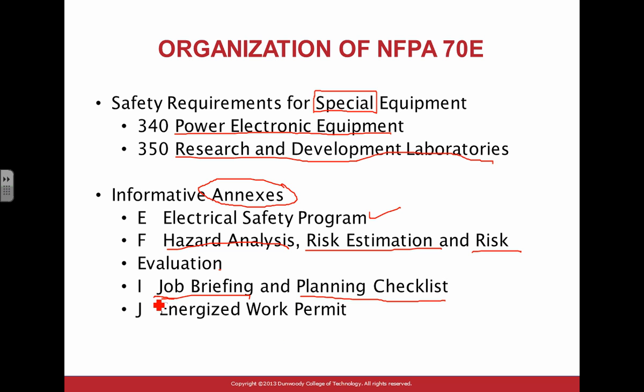And the single most important thing that you can be sued for if you don't do it is the energized work permit. When you work on energized equipment, there's an exception. What you guys are doing here is the exception for you because you test a lot of equipment.